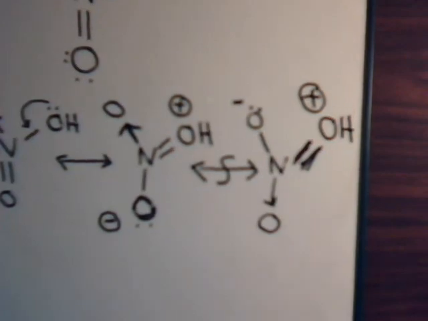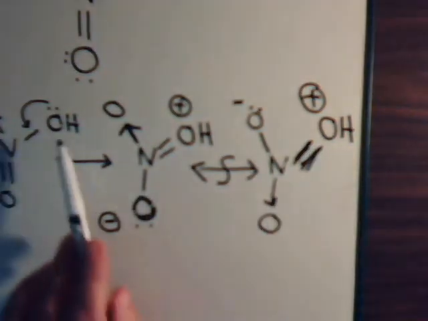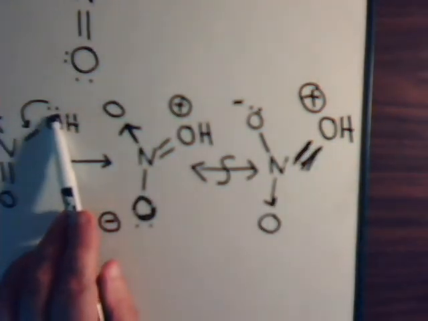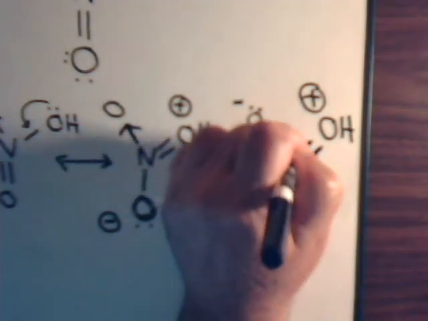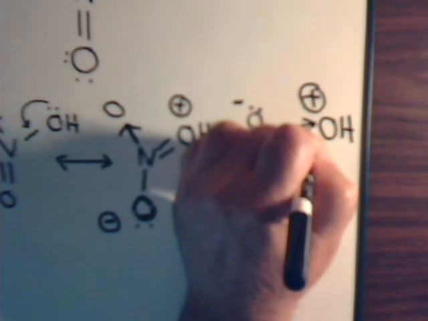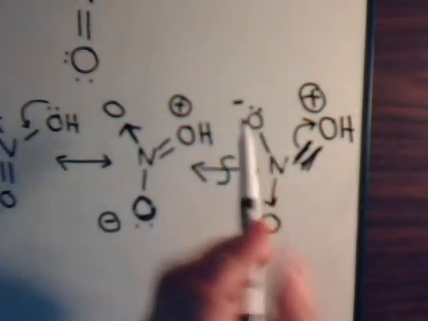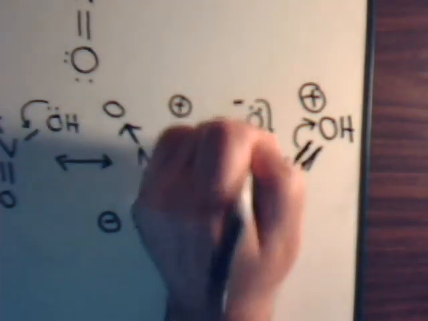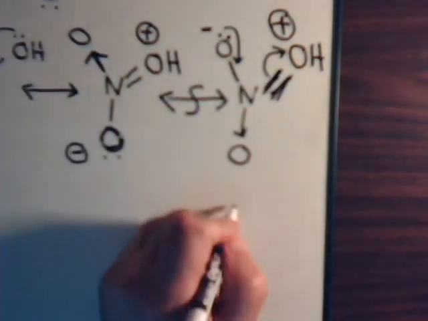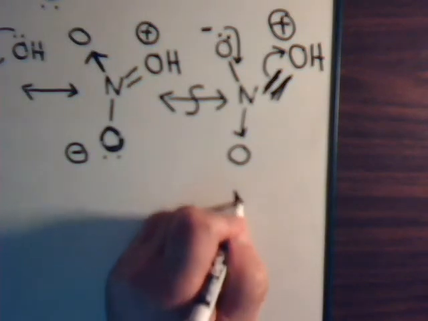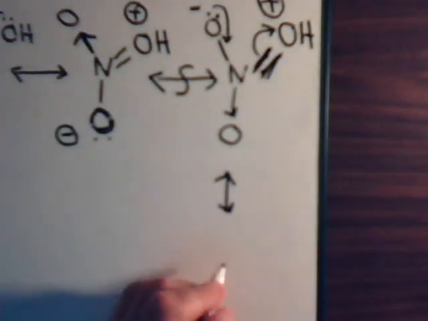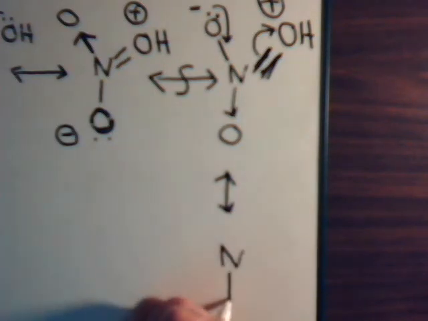So that means here then, what can happen is that, remember, this oxygen originally had a lone pair of pi electrons, but they came in to form this double bond. Well, they can go back to this one, and now these lone pair of pi electrons can come in to form the double bond. So we would have this Lewis structure. Nitrogen, coordinate bond with this oxygen.